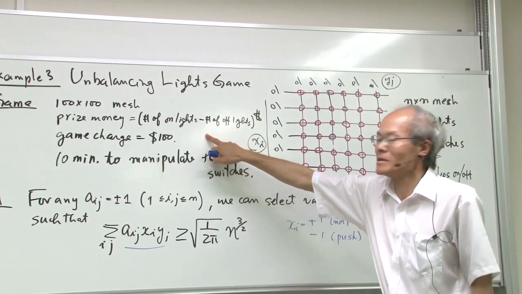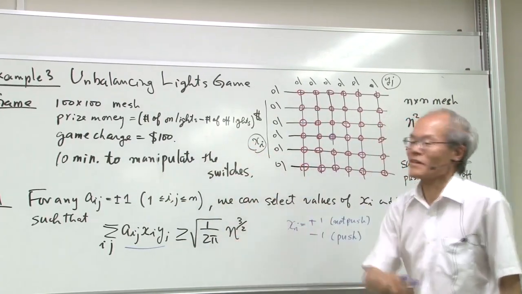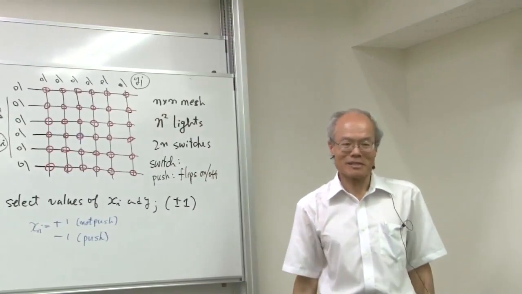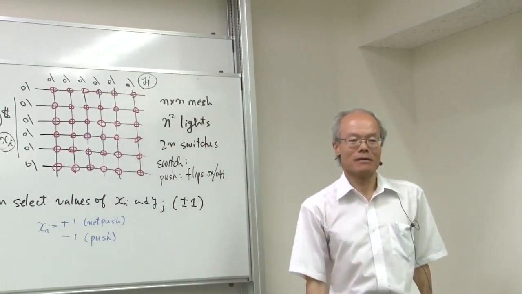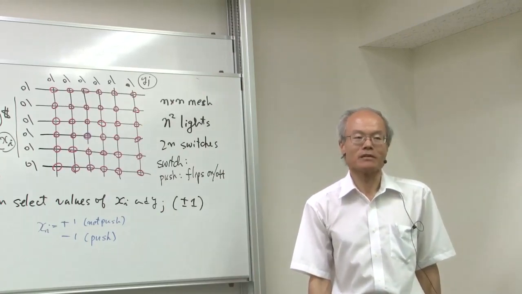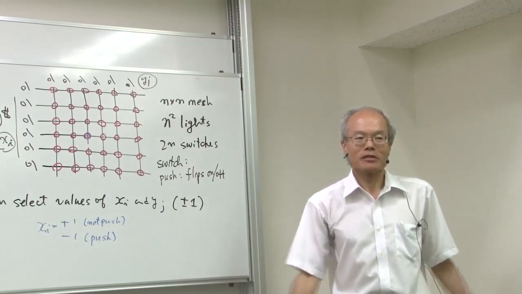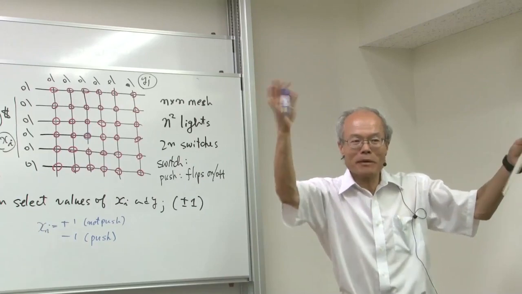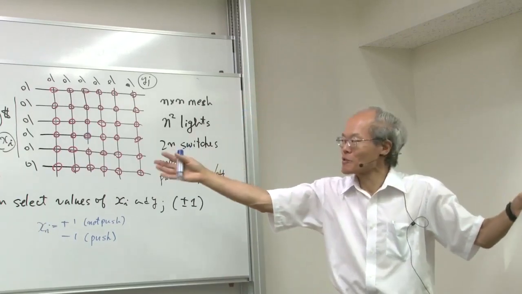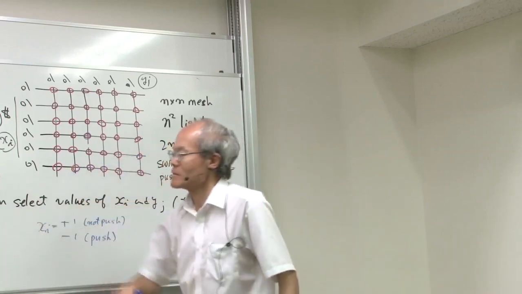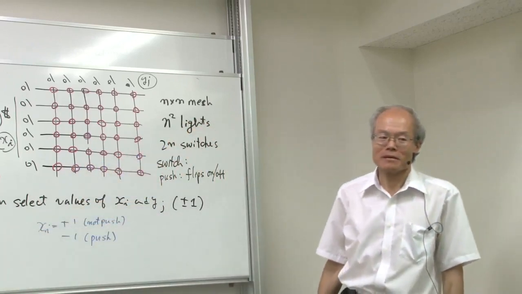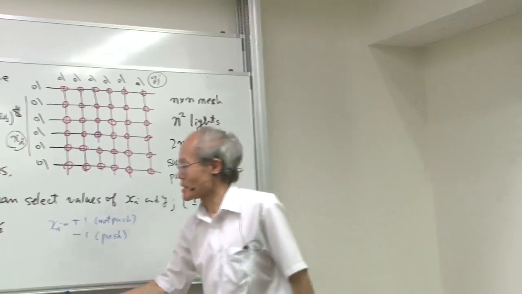So the sum is exactly this number, and it is at least this value. For any initial configuration, there's a way of manipulating your switches such that you can achieve this value. What is this value?